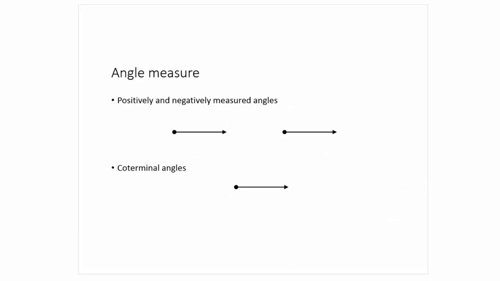Continuing on with angles, we can measure angles in a couple of different ways. But one thing we need to know first is, what do we mean by a positively and a negatively measured angle? So if we have these initial sides, so each of these will be an initial side, if I rotate the ray counterclockwise, and I'll call this angle alpha, alpha is positively measured.